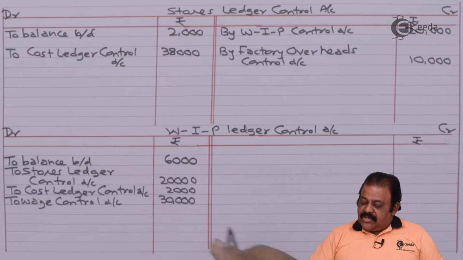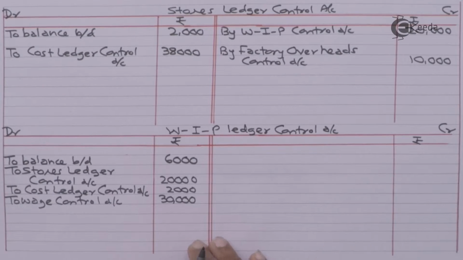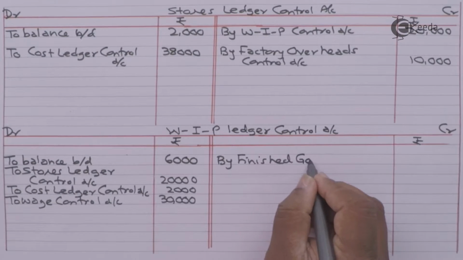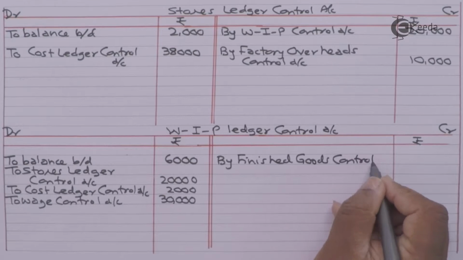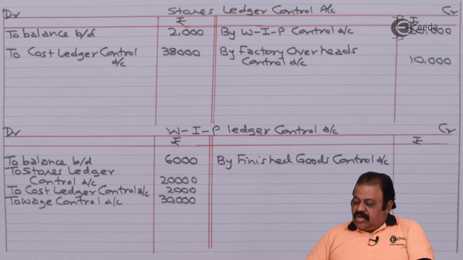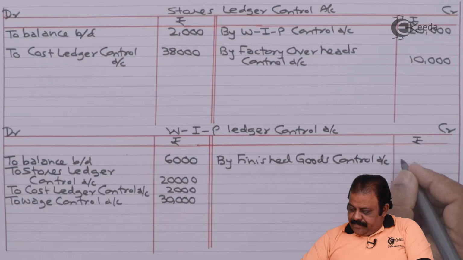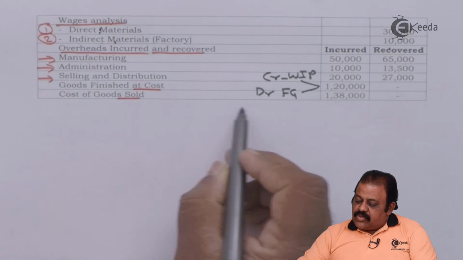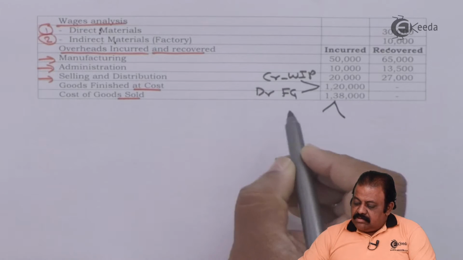Work in progress ledger control account credit side, by finished goods control account 1,20,000. Cost of goods sold 1,38,000.